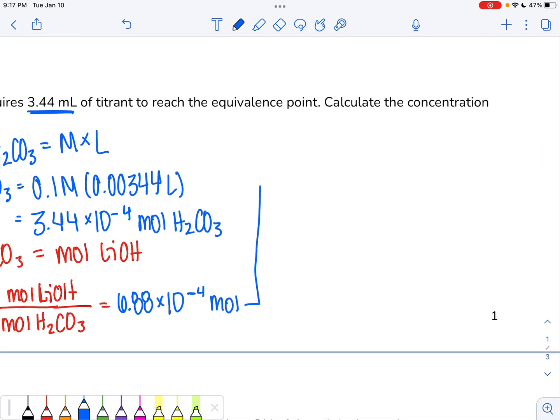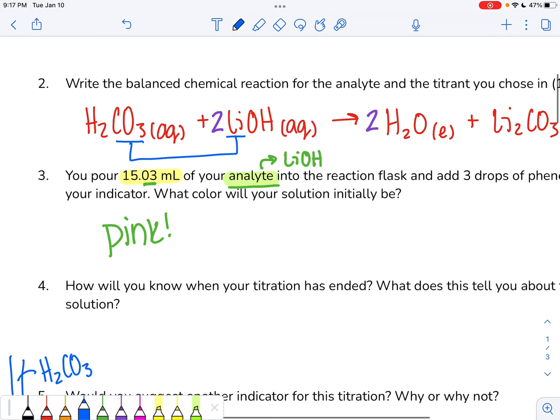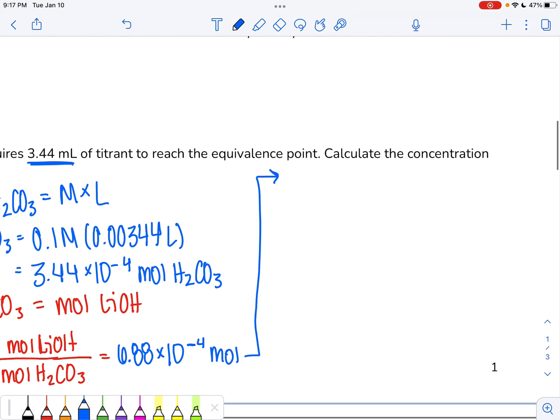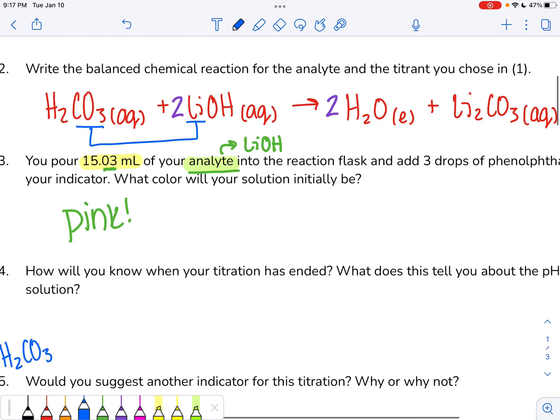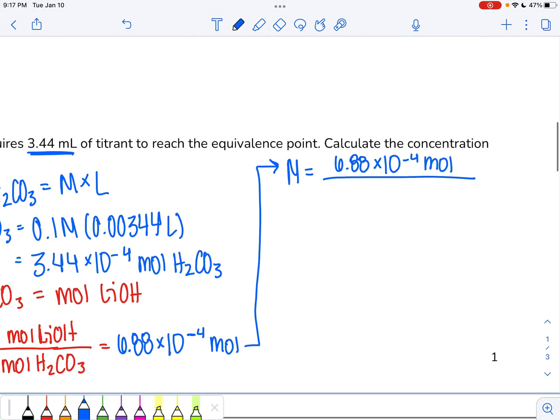So if I want to calculate concentration now, what do I need to know? I need to know moles, and I need to know my liters of solution. Well, I know moles because I just figured that out, and I know how much of my base I originally started with, 15.03 milliliters. So let's plug this into our molarity formula. Molarity of our solution is equal to 6.88 times 10 to the negative 4th moles divided by 15.03 milliliters in liters, which is 0.01503 liters.